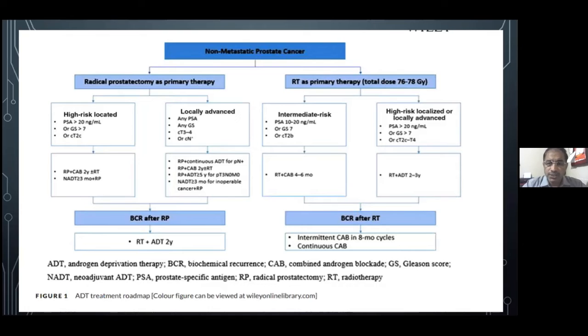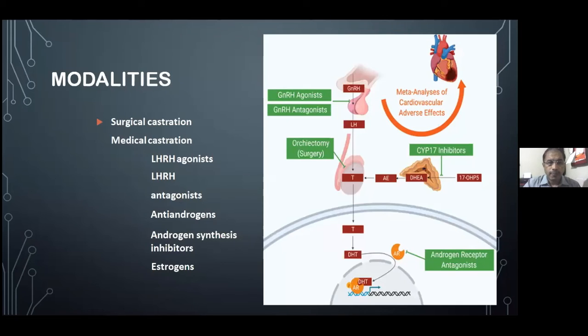In the high risk patients, radiotherapy plus hormonal therapy is an important treatment, and here hormonal therapy is going to be long term, given for 2 to 3 years. In these situations, if the patients fail biochemically after treatment, then giving hormonal therapy again may be useful subsequently. Now, what are the modalities we can use for hormonal therapy?